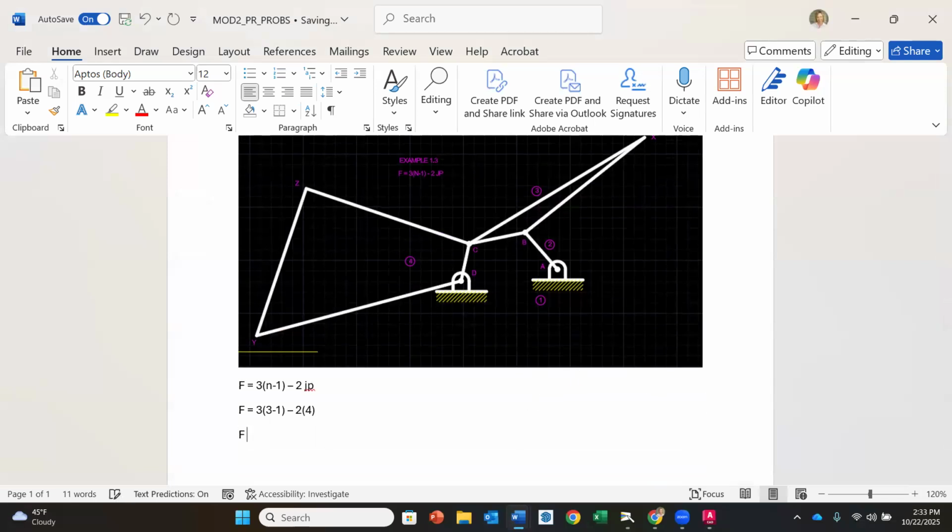And then you would say F is equal to 1. You could do it that way as well, all right? Either way, whether you include it up here or put it as part of your document when you're handing in, I'm totally okay with that. But I want to see both the diagram with all the labels as well as the mobility equation for example 1.3.